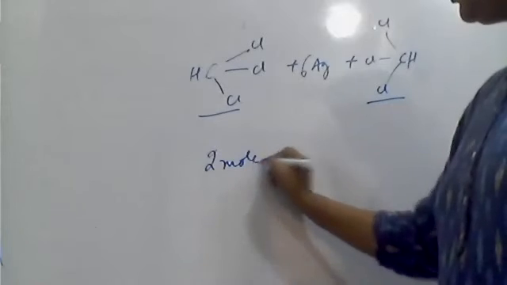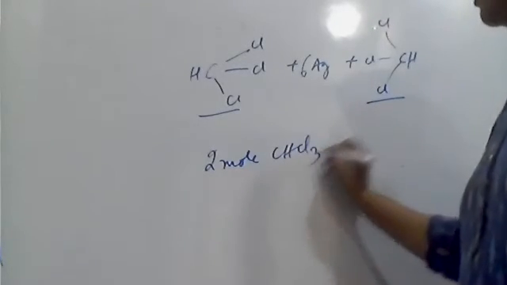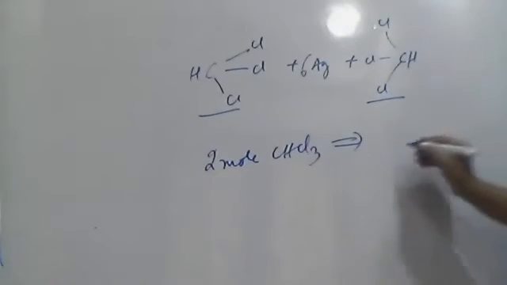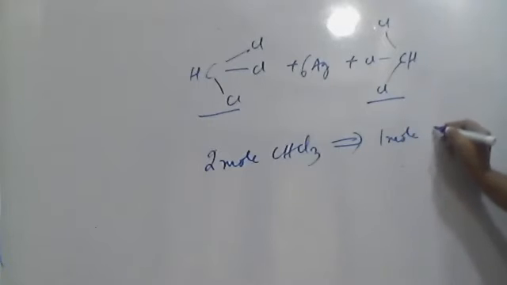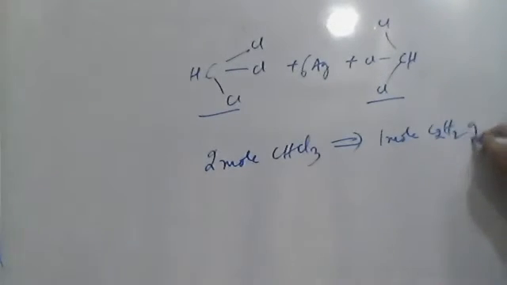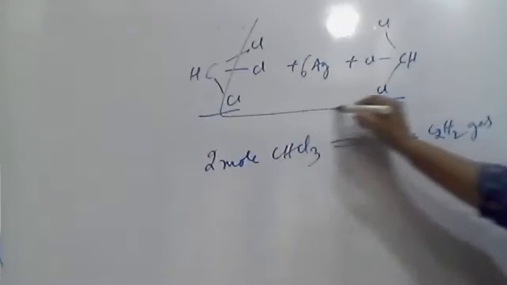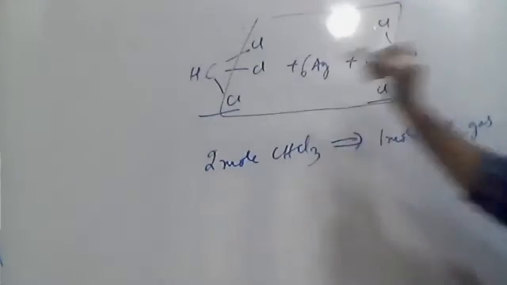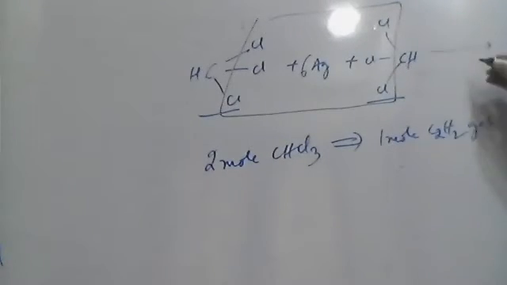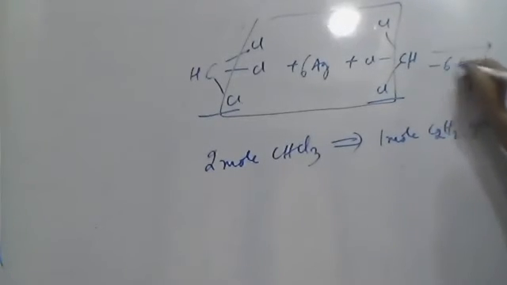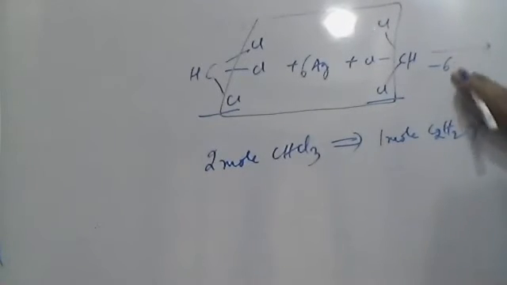So see here, 2 moles of chloroform, CHCl3, gives 1 mole of acetylene gas. This Cl, 3 Cls and 3 Ag will be removed as AgCl. So minus 6 AgCl.